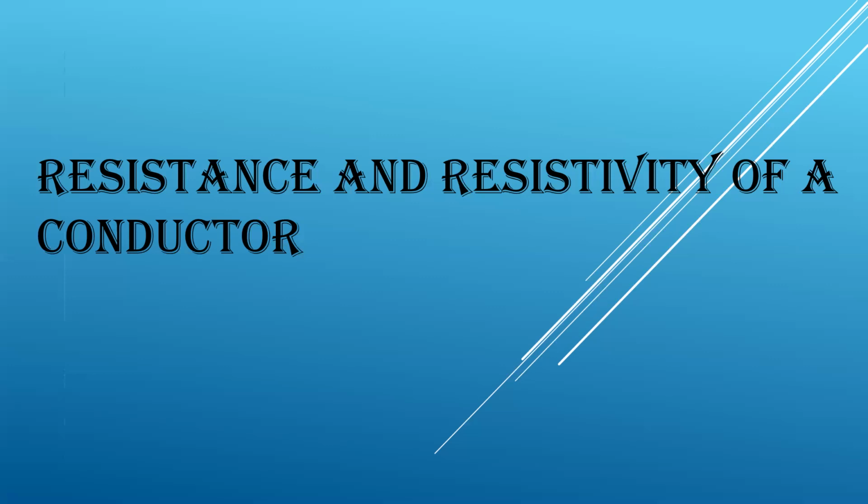Got it children? Once again, electrons are free to move in any direction when they are not connected to the electric board. But when the wire is connected with the electric board, all the electrons move from the lower level to the higher level, and because of that current flows in the opposite direction.